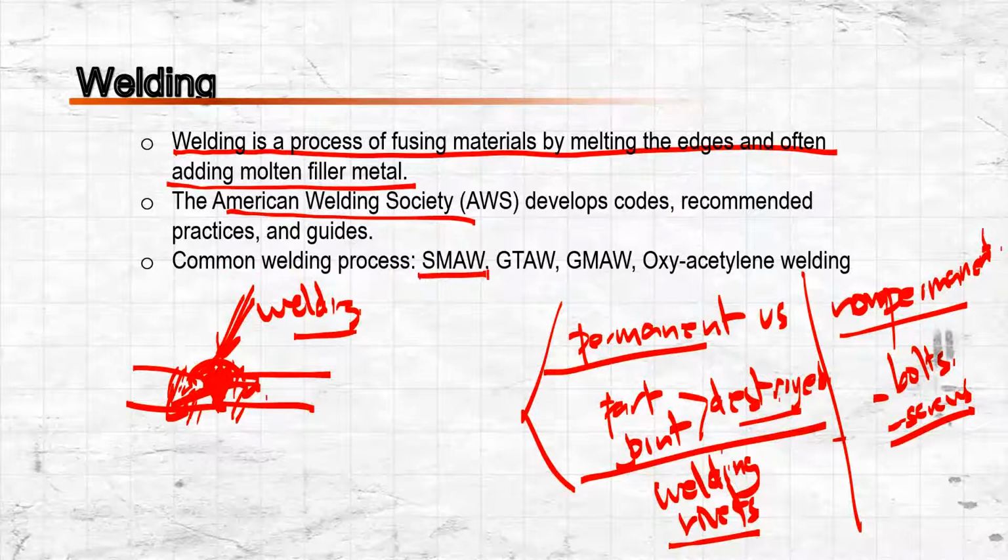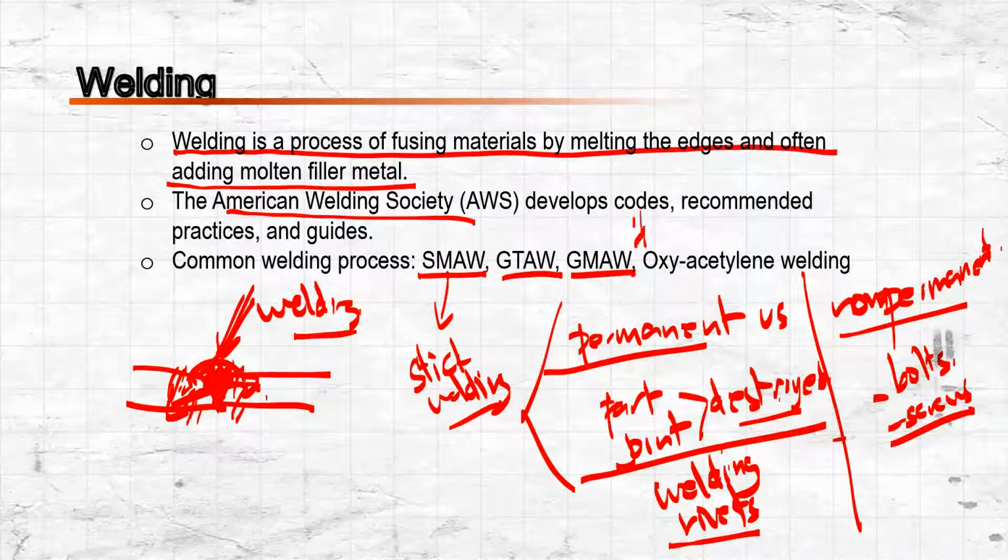And right here we have the common welding processes. We have shielded metal arc welding, SMAW, typically referred to as stick welding, the type of welding that uses electrodes. This one is gas tungsten arc welding. This one is gas metal arc welding.